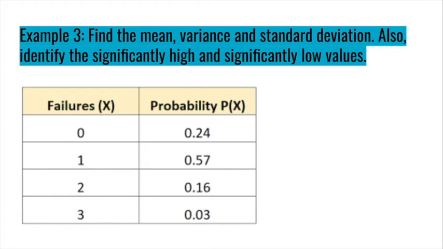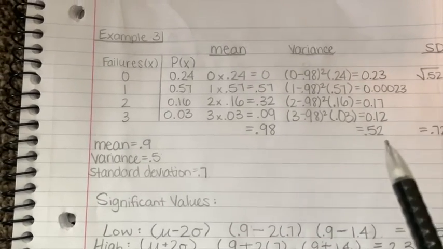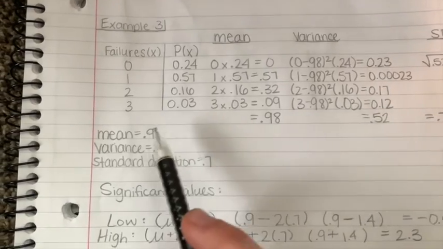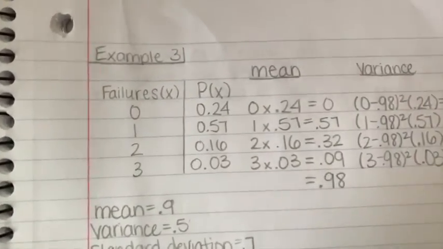So here we have the last example for this chapter, and we're going to just find the mean, variance, and standard deviation, and then use that to find the values that are significantly high and significantly low. So for example 3, we're going to be finding the mean, variance, and standard deviation for this table, and then using that to find the significant values.